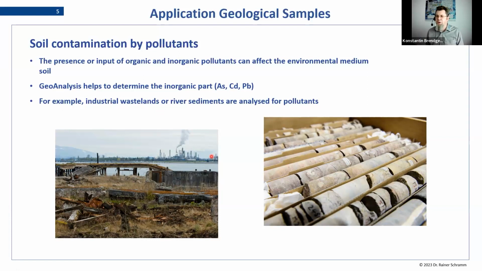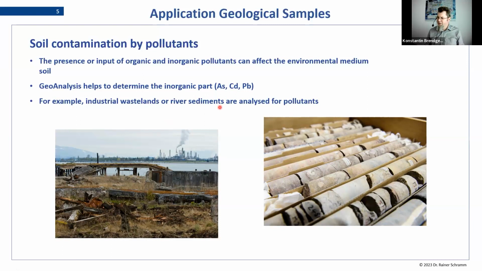So again, we are doing geological sample analysis here to find contaminations in the ground. And usually what is looked for here is more toxic stuff like arsenic, cadmium, lead, for example, and also the quantity of it. Another field of analysis is sediment analysis, for example, in rivers or other bodies of water.